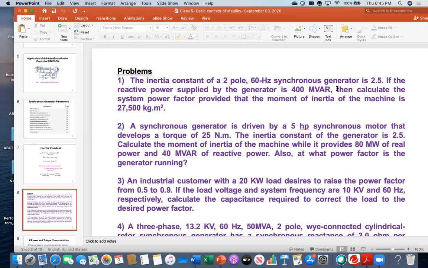Sine theta is 400 over that MVA. But also, once you get that MVA, with S equal to root over P square plus Q square, that will give you the P value. And once you get the P value, you can find out the power factor. Therefore, it's just trigonometry. Whatever way you go, you just use that power triangle and find out the power factor.